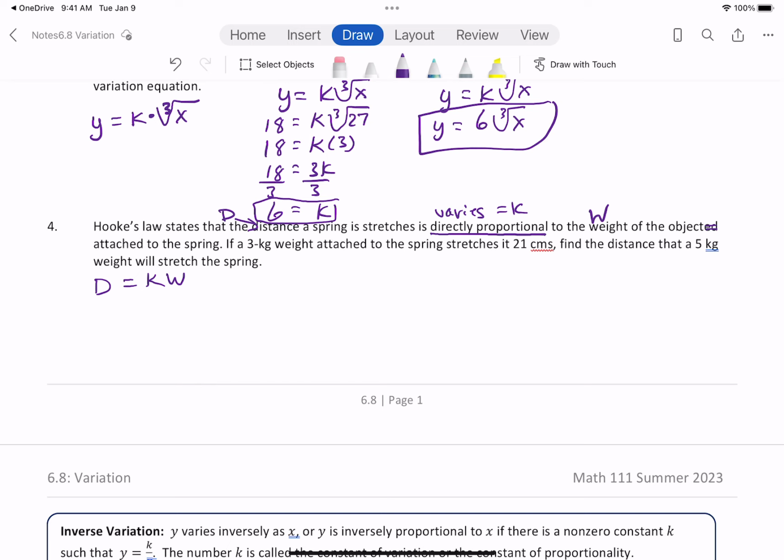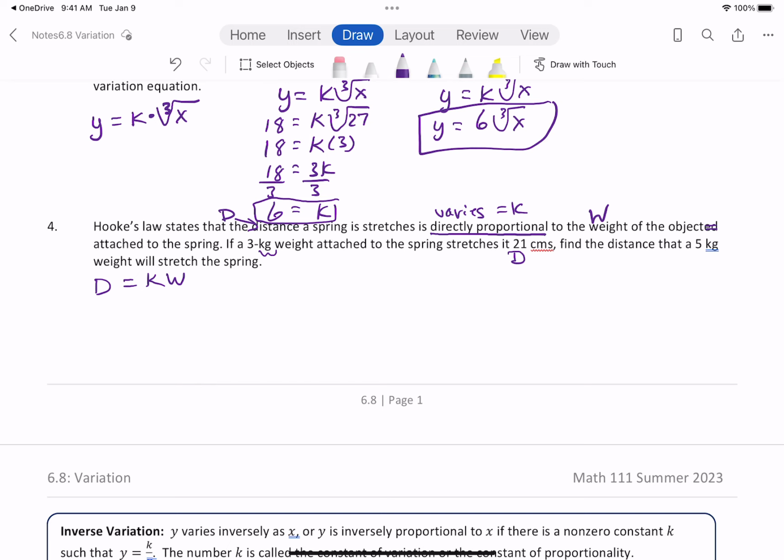So first it tells me if a 3 kilogram weight, so that's giving me a w, attached to the spring stretches it 21 centimeters, so that's a d. We want to find the distance that a 5 kilogram weight will stretch the spring. So this is going to have the same two steps that the above problem had.